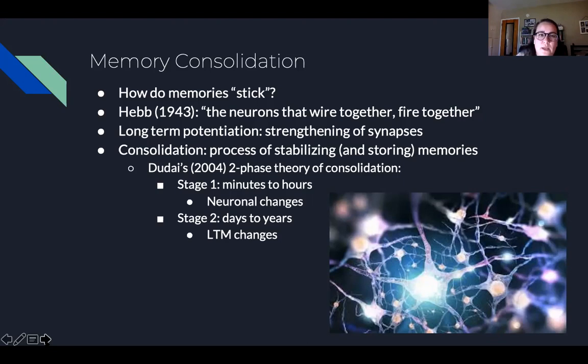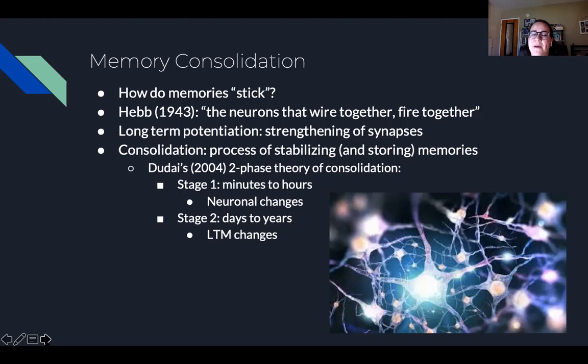A neuroscientist, Donald Hebb, wrote that he believed that learning is accomplished by assemblies of neurons, and that they have the ability to become more efficient in their connections with one another. And a really popular saying associated with Hebb's idea about learning and memory is the neurons that wire together fire together.